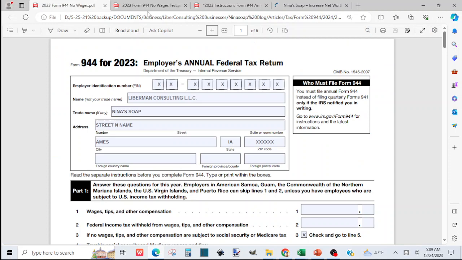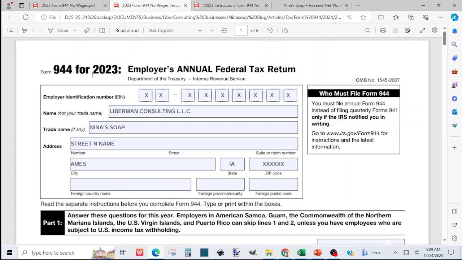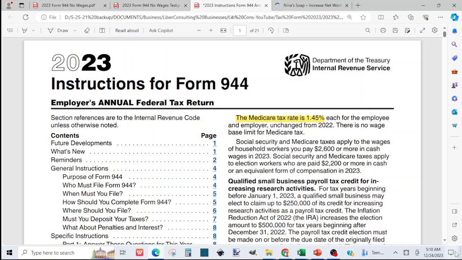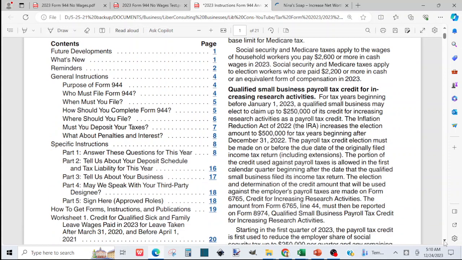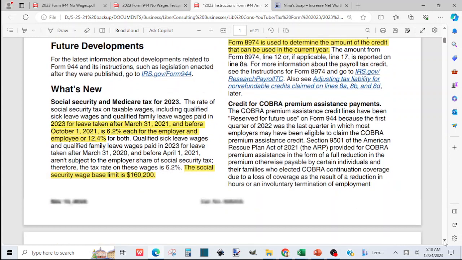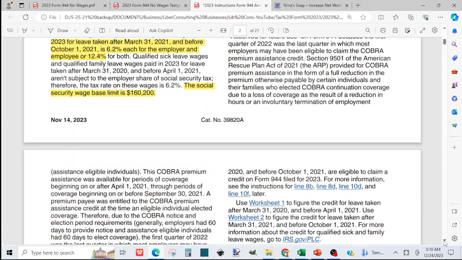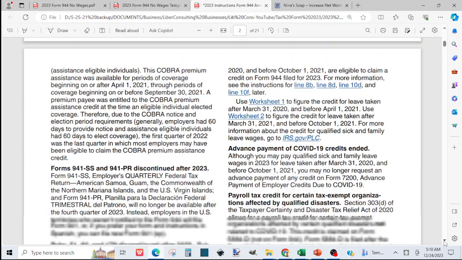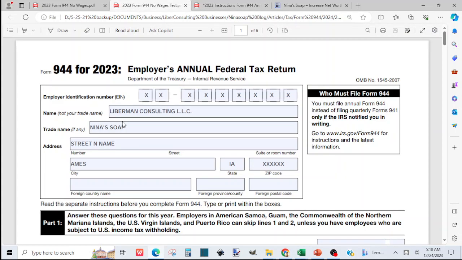So now that you have saved Form 944 for 2023, you'll open it and start completing it. It's good to open the instructions as well, and it might even be a good idea to read through the instructions and highlight information that might be related to your business, so that you can reference it when you have a question related to a line.